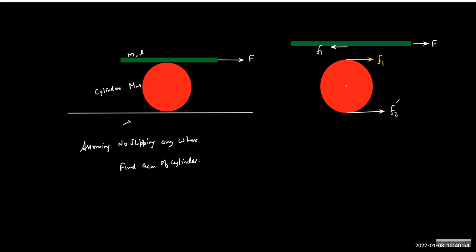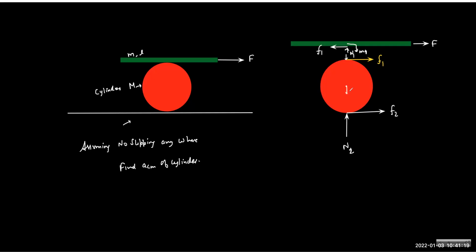So these are the force equations, the FBDs that you will see, and then we have normal, of course, and we do have gravity also.